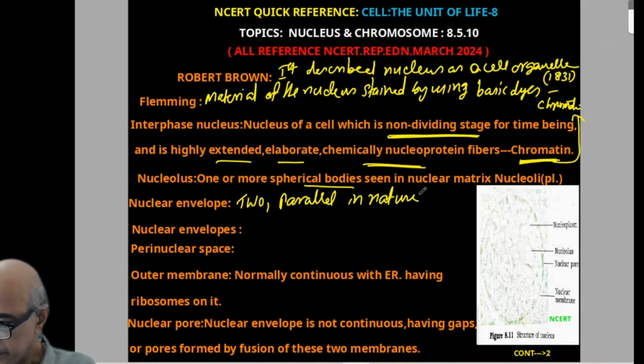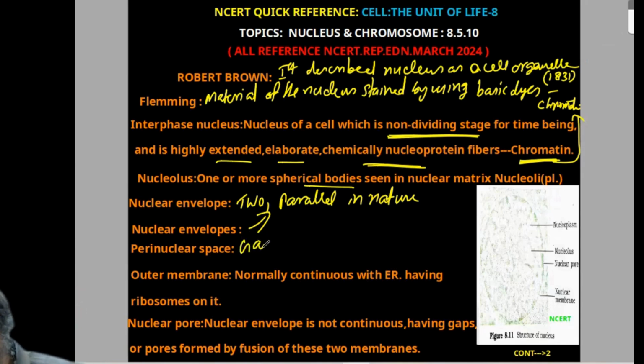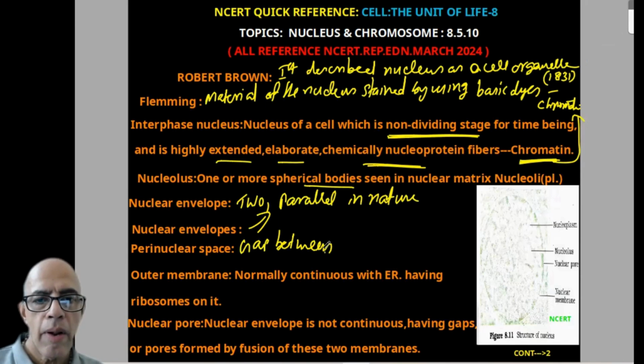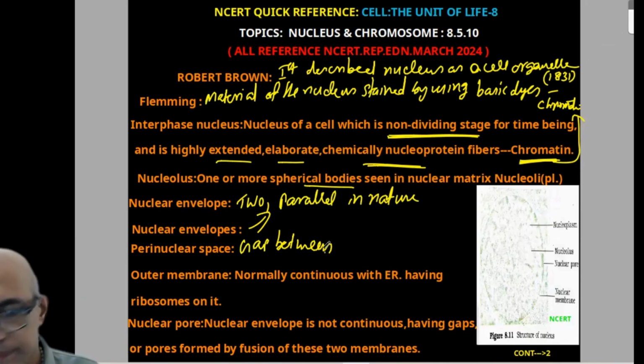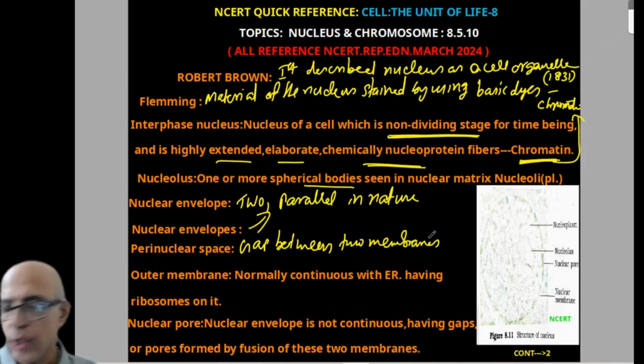Then the perinuclear space, so the nuclear envelopes. Next is the perinuclear space. What is meant by perinuclear space? The gap between two membranes, and it is 10 to 15 nanometer.